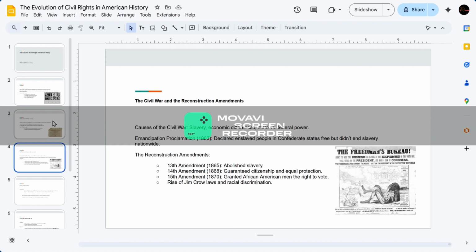I'm aiming in this slide just to talk about the laws that were passed and the amendments. The 13th Amendment abolished slavery, and the 14th basically guaranteed citizenship and equal protection for Blacks. But realistically, if you do more research on that topic, people still were going around killing. The KKK was formed, and they were still killing and finding ways to put fear into Blacks.